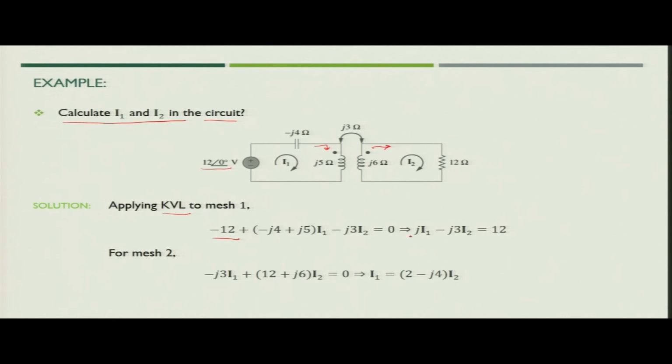After simplification you get J I1 minus 3J I2 is equal to 12.